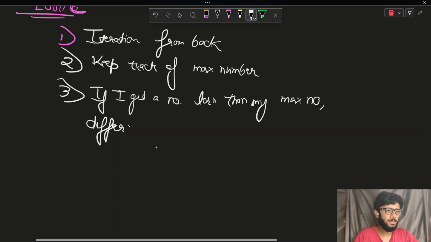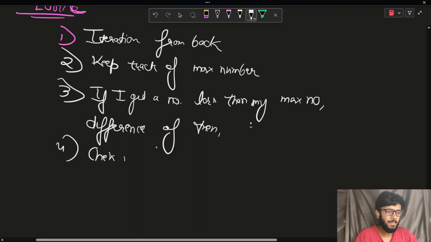Let's write it in the next step. Along with that, I have to check if the difference is the maximum difference also or not.